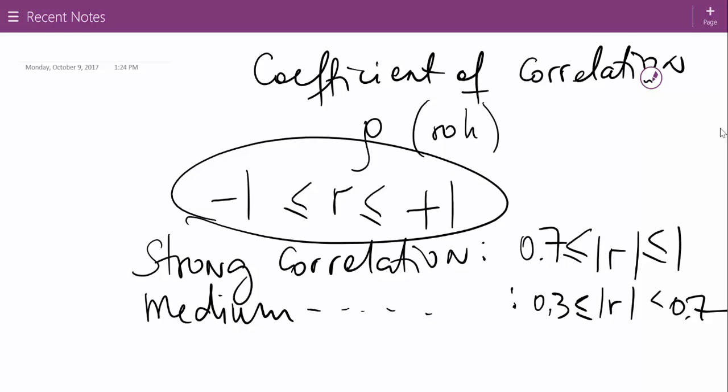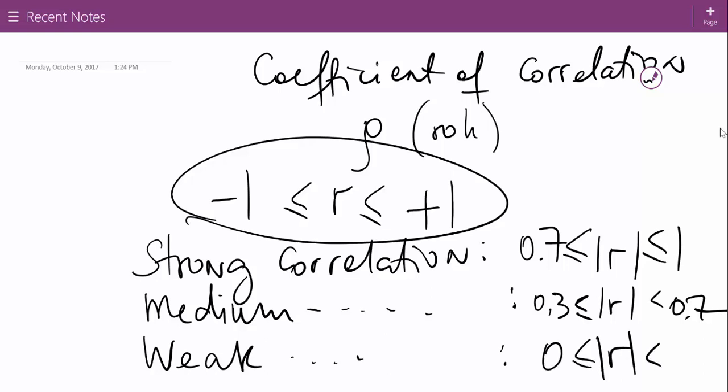What am I going to call it? We have strong, medium, and weak, right? So variables are weakly correlated. Weak correlation if your absolute value of the coefficient of correlation is between 0 and 0.3. So 0.2, that means that these things are practically not correlated at all. Okay? So that's kind of informal way to think about how strongly the variables are correlated.